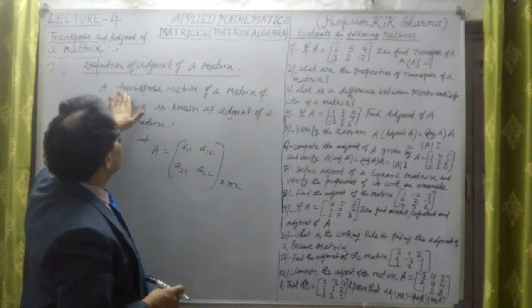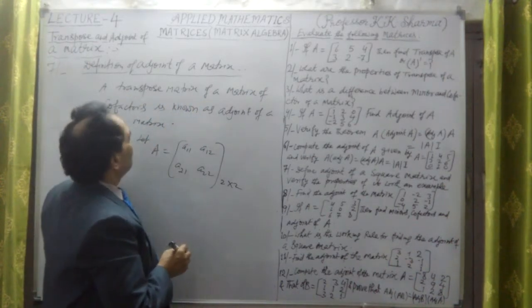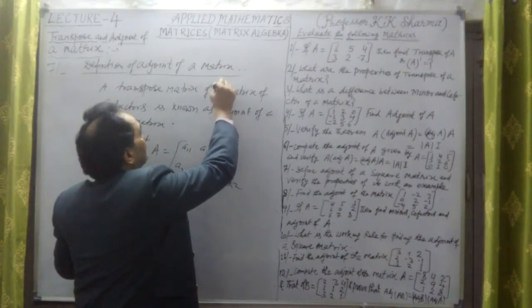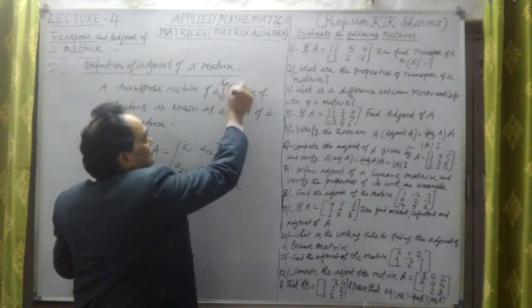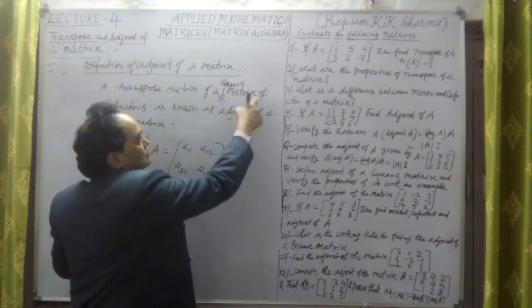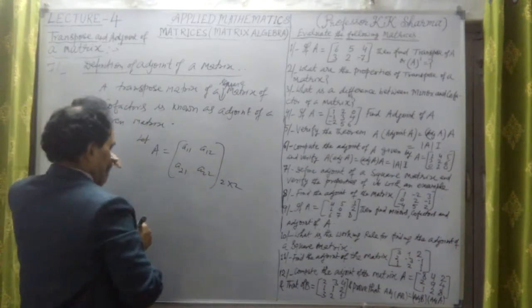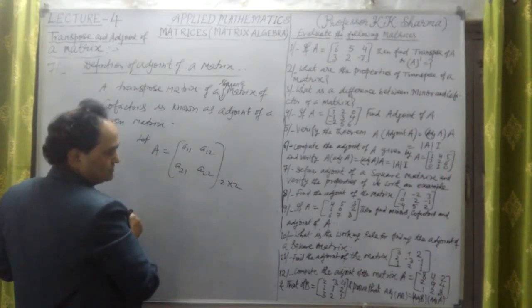So the transpose matrix of a matrix of cofactors of a square matrix is known as the adjoint of a given square matrix. It is a 2 by 2 matrix here.